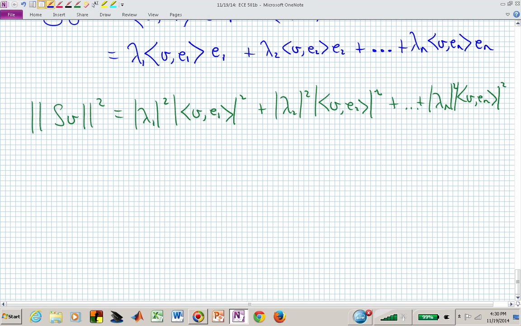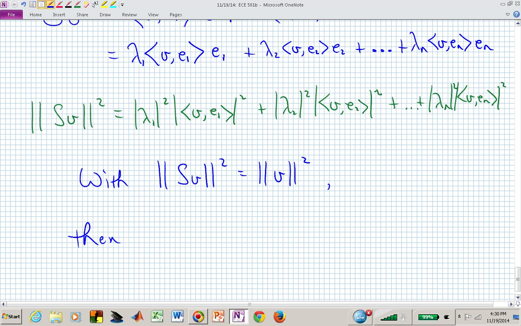But if S is an isometry, then we have this relationship between its norm and the norm of the original vector V. What's that imply about all of these lambdas squared?